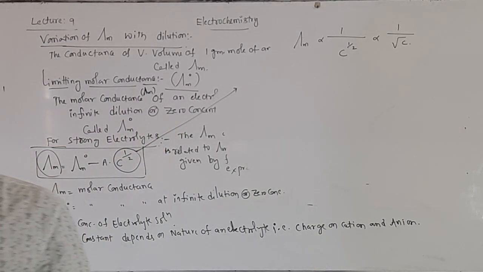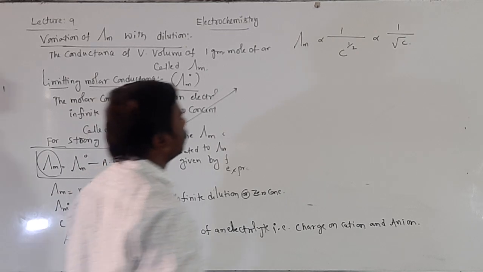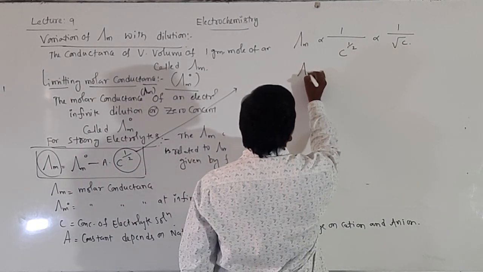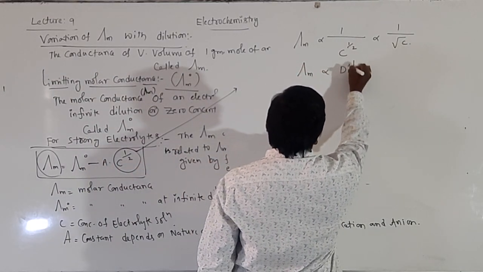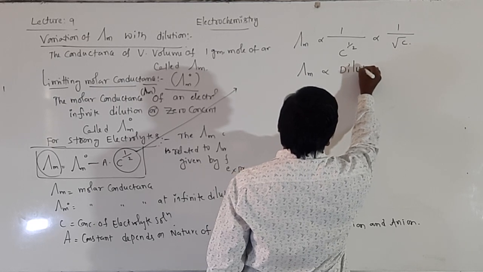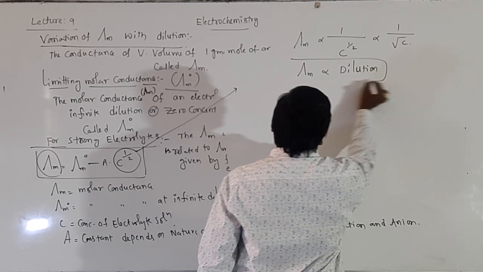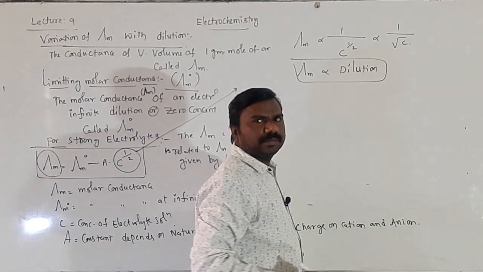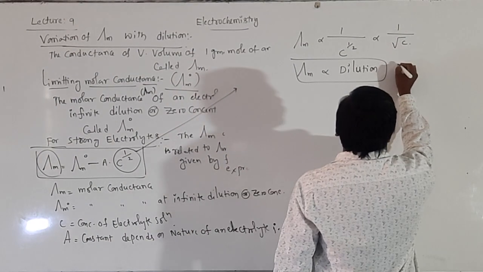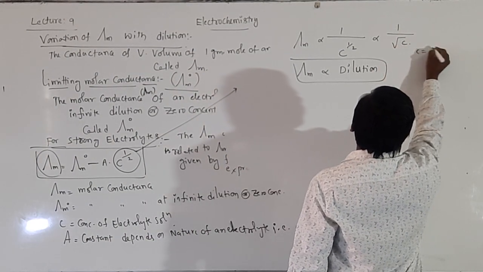Getting all of you? Concentration increases, right. Otherwise, lambda m is directly proportional to dilution. C means concentration.